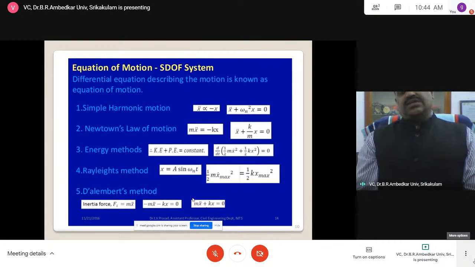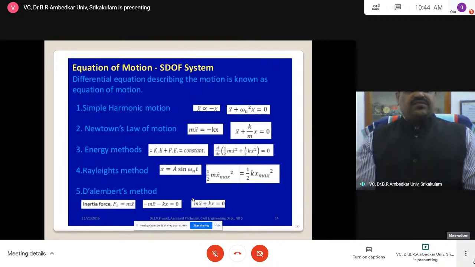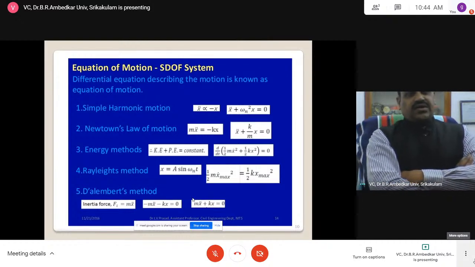That is m x double dot proportional to the linear displacement. If it is proportional, we can use simple harmonic motion, x is equal to x naught cos omega t, and x dot is like that. If you differentiate, you will get the expressions. From that, if you simplify, x double dot equals minus omega n square x. This is the simple harmonic motion. We will see it later in detail.